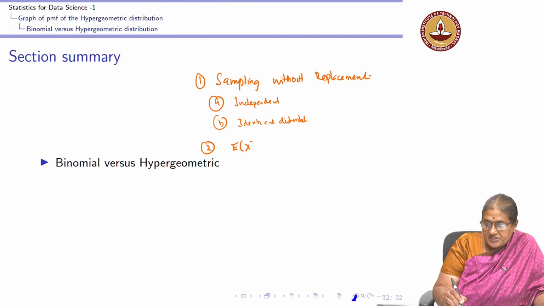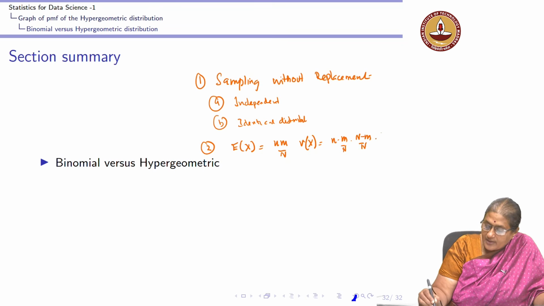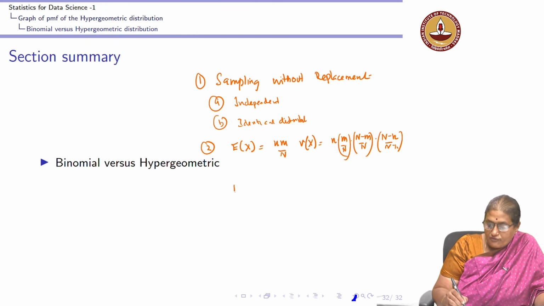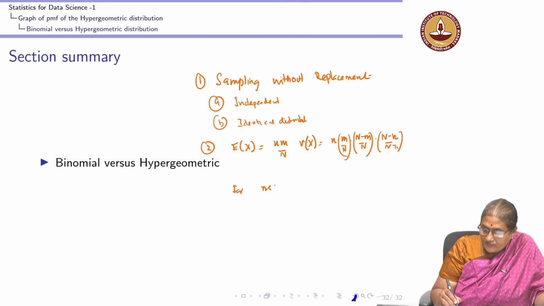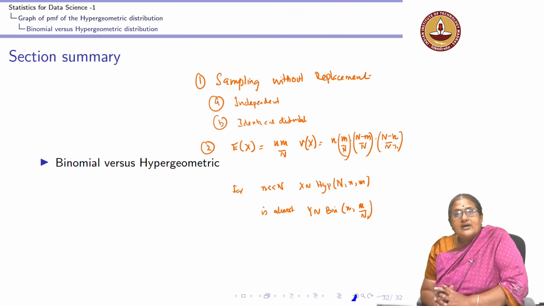The expectation is n into M by N, the variance is n into M by N into 1 minus M by N into N minus n by N minus 1. For n very small compared to N, the hypergeometric with parameters N, n and M is almost or just about a binomial with parameters n and M by N. This is what we have seen.